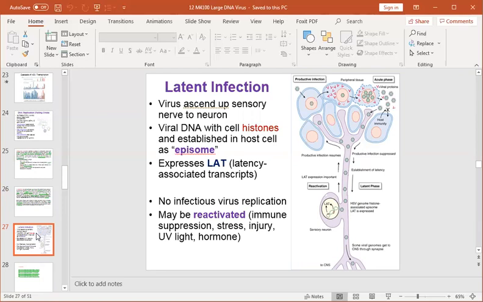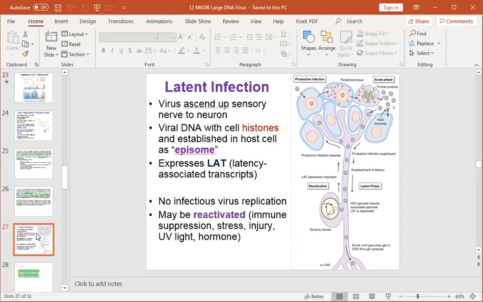I had mentioned before that HSV can cause latent infection. How does it cause latent infection? The virus ascends up the sensory nerve and goes to the neuron.